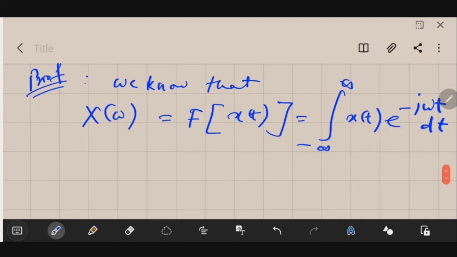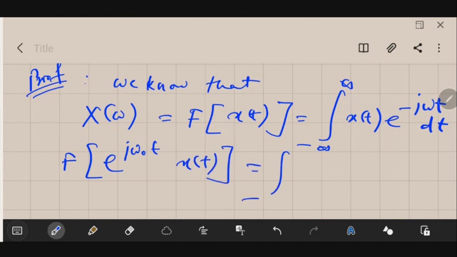Let us now multiply e to the power j omega 0 t with this signal. That means the Fourier transform of e to the power j omega 0 t x of t is equal to the integral from minus infinity to infinity of e to the power j omega 0 t x of t, multiplied with e to the minus j omega t dt.